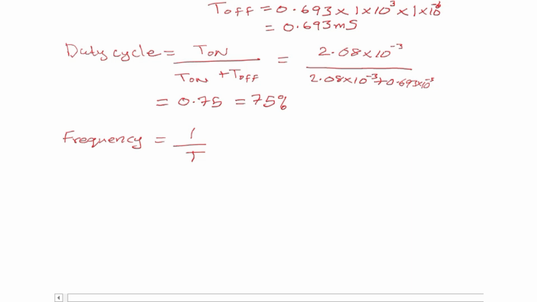Now T is the total time. And total time, T, is given as T on plus T off. So we need to sum them. We have our T on to be 2.08 milli, plus 0.693 milli.